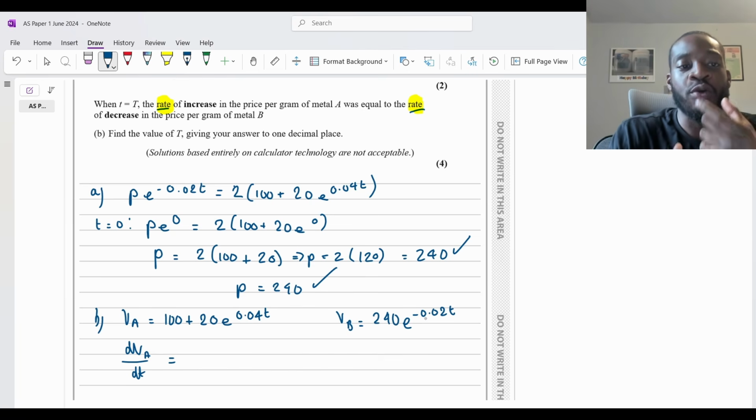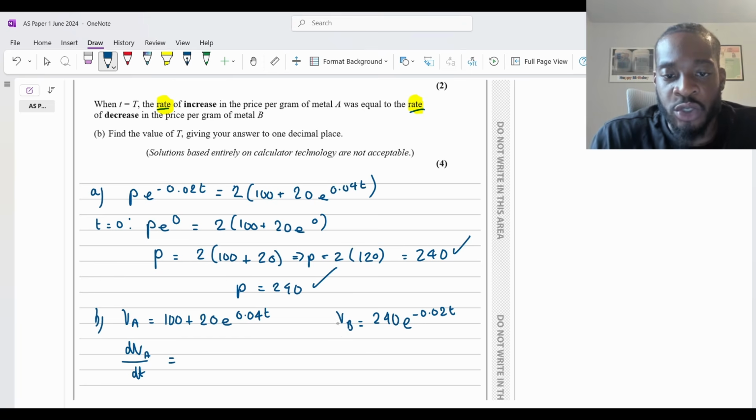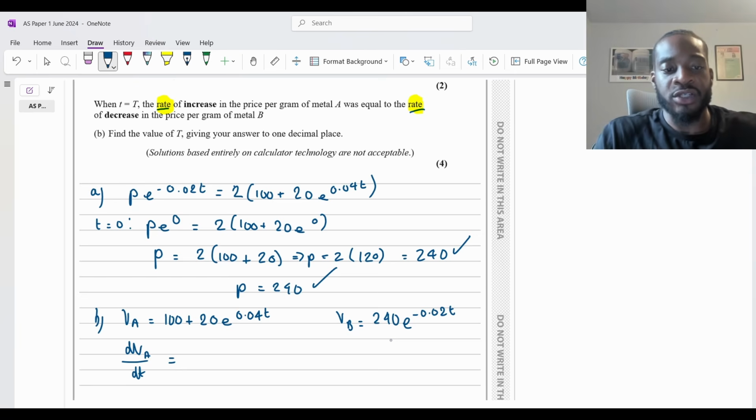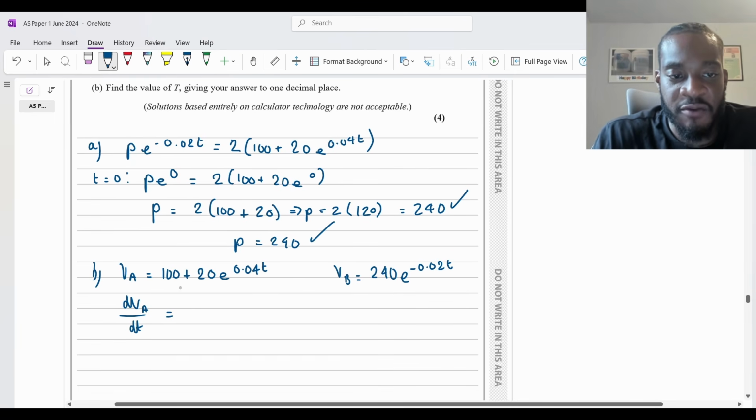However, we just want to compare the numerical value, essentially the magnitude. So once we differentiate this one and it's negative, we're going to essentially ignore the sign, because we're looking for the actual values and we don't care about the signs. So let's differentiate these.